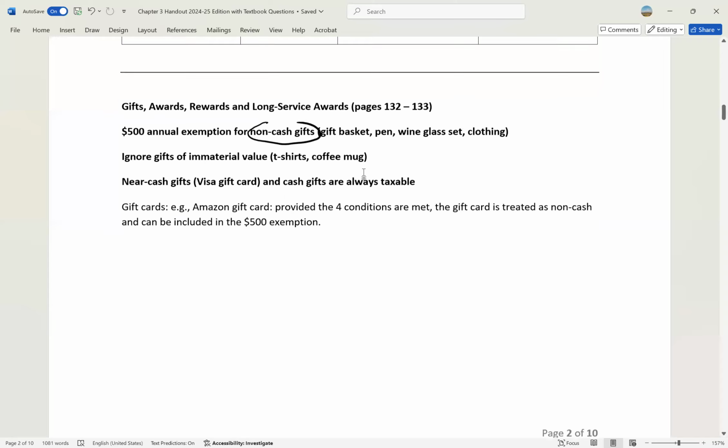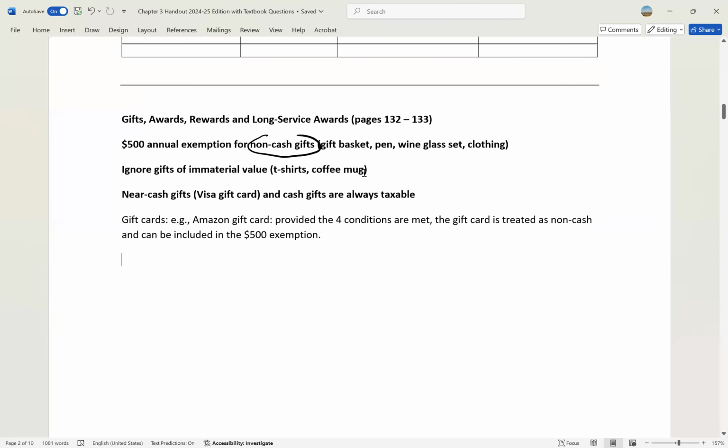Now, when you read these pages, 132, 133, you'll see that there's a separate award called a long service award, or a long service anniversary award. It basically says it's up to $500 every 5 years, provided the gift is non-cash.